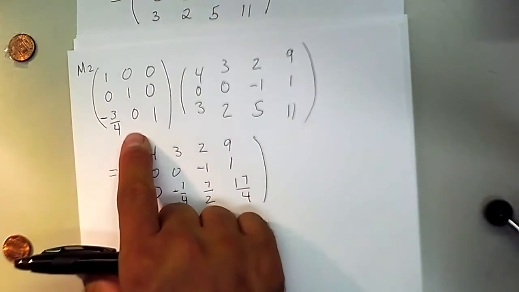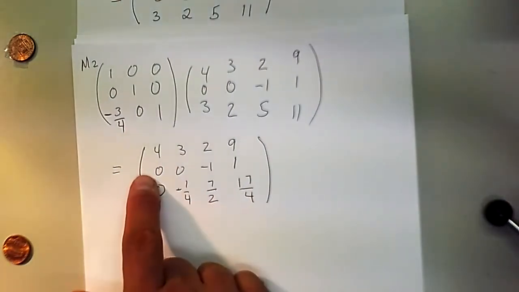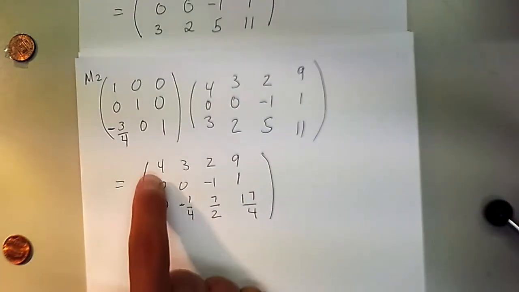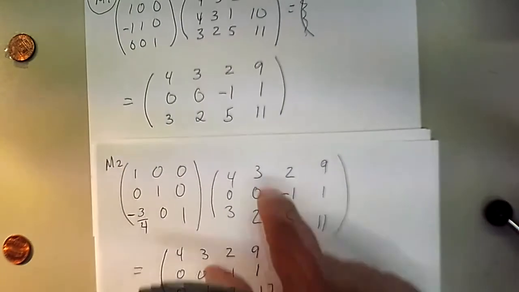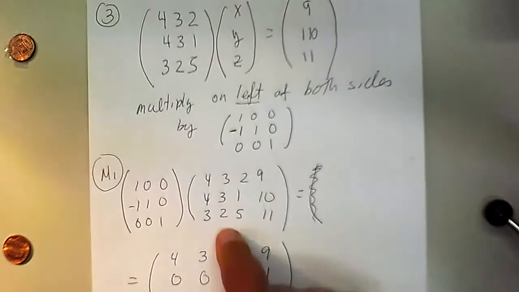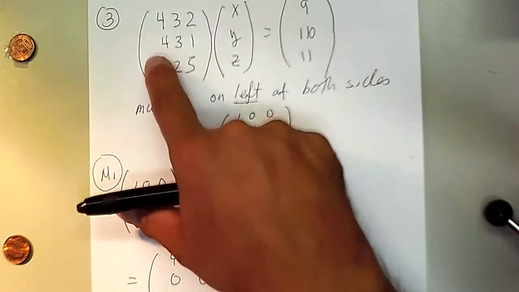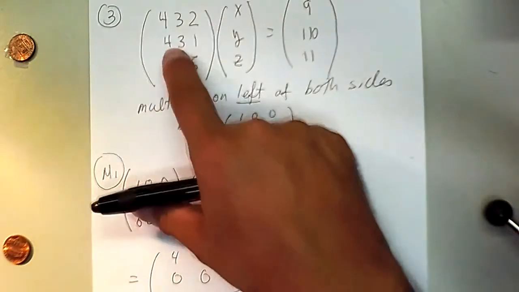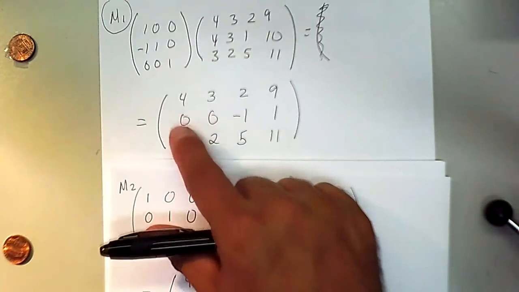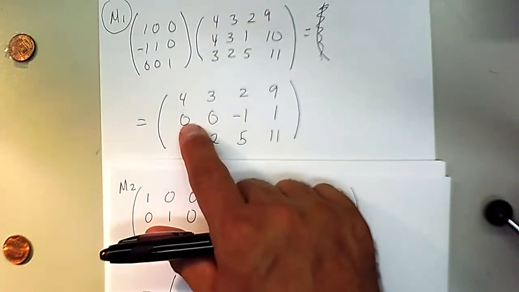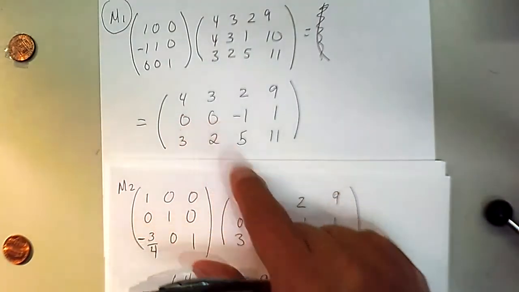Okay, so this is our second matrix, and it got us closer to having an upper triangular matrix, because this matrix was not upper triangular to start with. The original matrix has no zeros here whatsoever. After our first step, we got a 0 there, and a 0 there.